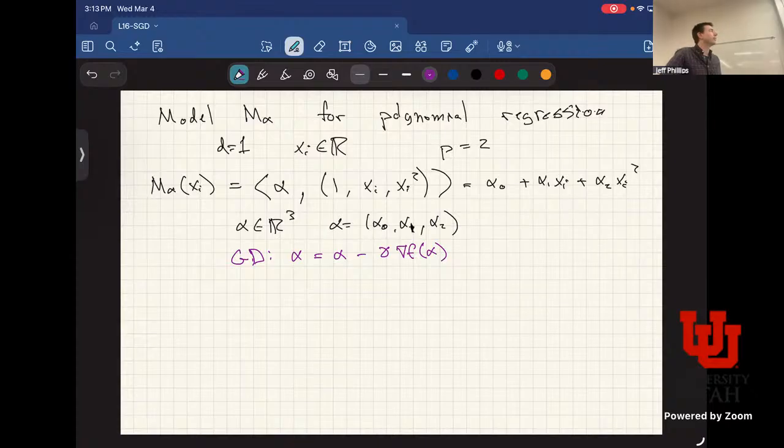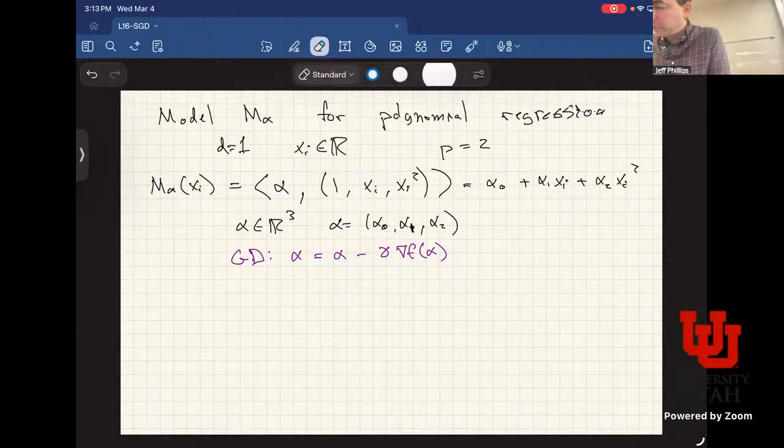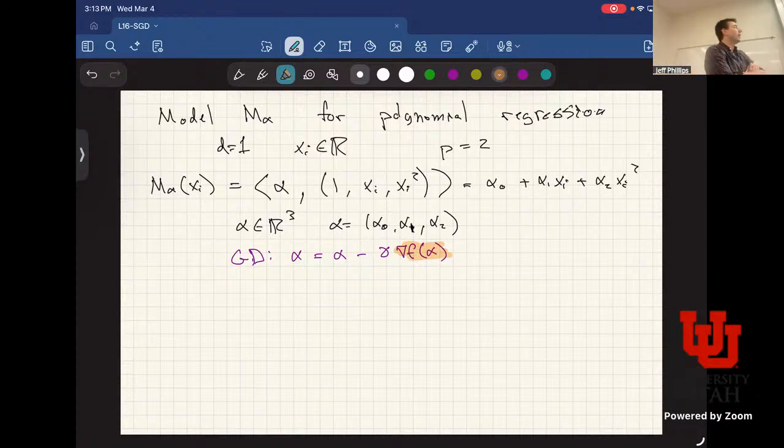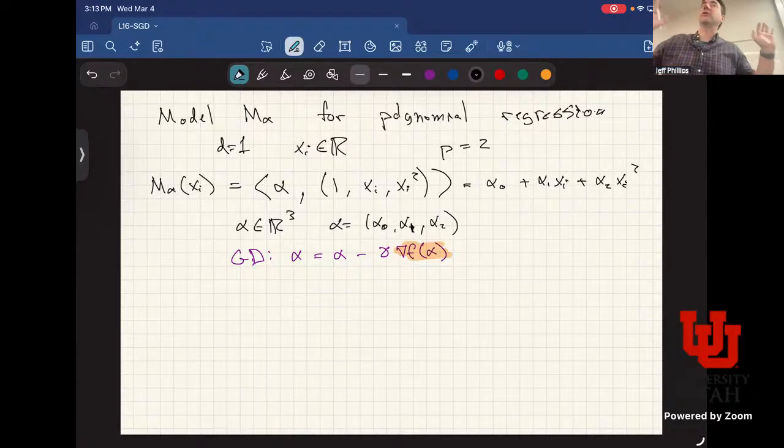So we need to figure out how to calculate this gradient function. Then we can plug it into gradient descent and optimize for alpha. Even if we don't have that closed form solution we talked about earlier, we can still optimize, and this will generalize to a bunch of other problems. In practice, stochastic gradient descent will actually run faster than the closed form solution in some cases.